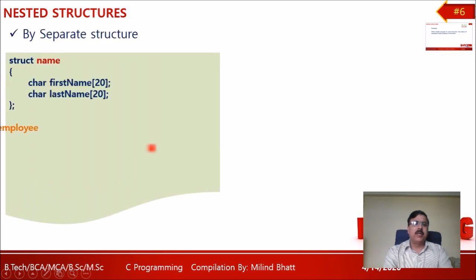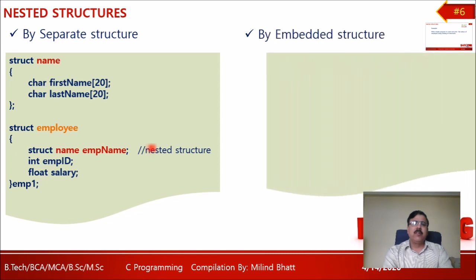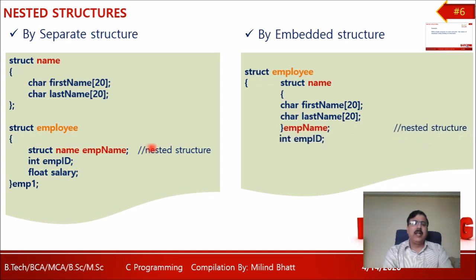This will be our separate structures, two structures. First one is declared and its member has been created in the second one, and the second type will be embedded, where the outer structure is actually declaring one more structure into it as a member along with the demanded members. In this way we are creating embedded structure, and this is the way where we are using separate structure.